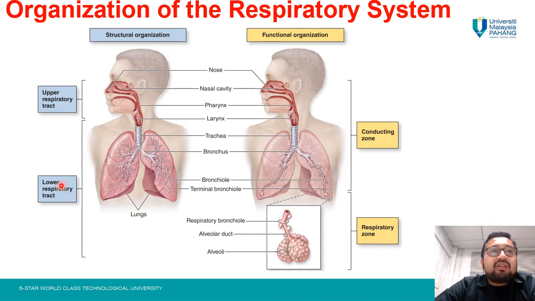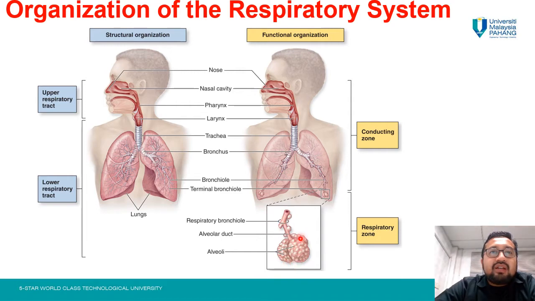And then we have the lower respiratory tract: the lungs, bronchus, trachea, bronchioles, and then capillaries, where there is an alveolar duct and alveoli, where the exchange of gases, mainly carbon dioxide and oxygen, occurs in the alveoli.